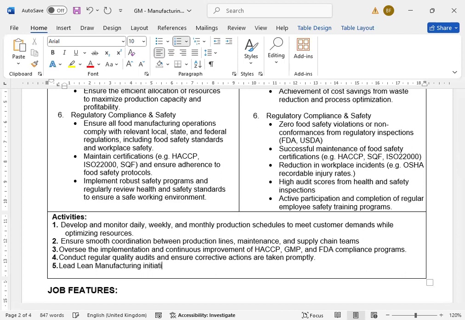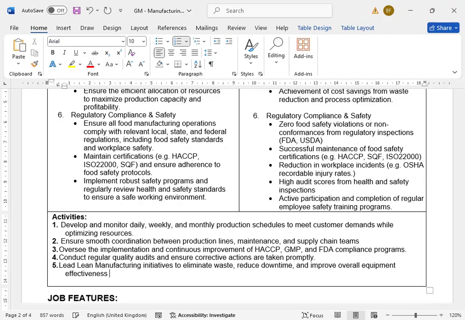Initiatives to eliminate waste, reduce downtime and improve OEE, overall equipment effectiveness. Okay.